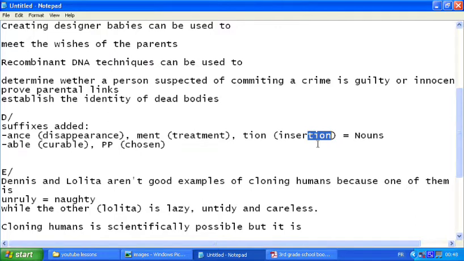So we added these to get nouns. We added also able, as in curable, and we use the past participle sometimes to get adjectives. So we can use these suffixes to get these two forms of words.